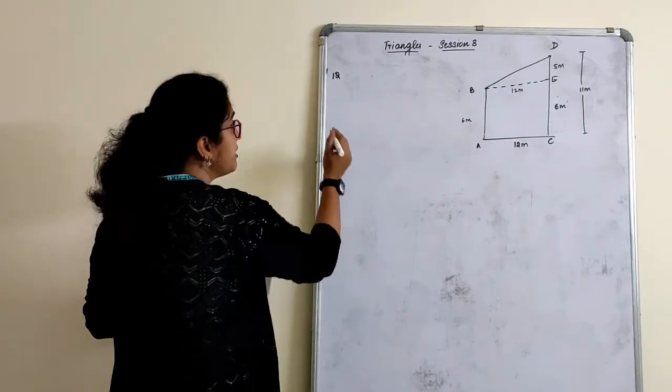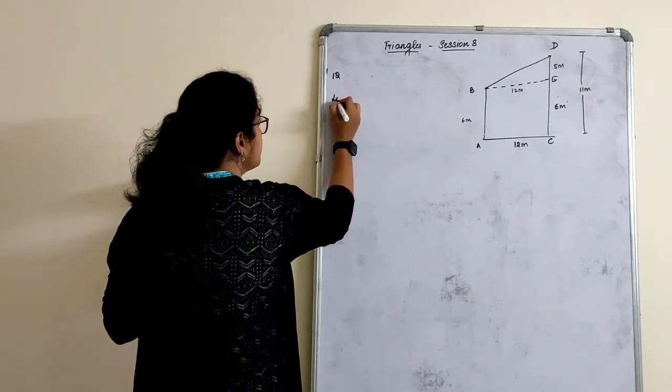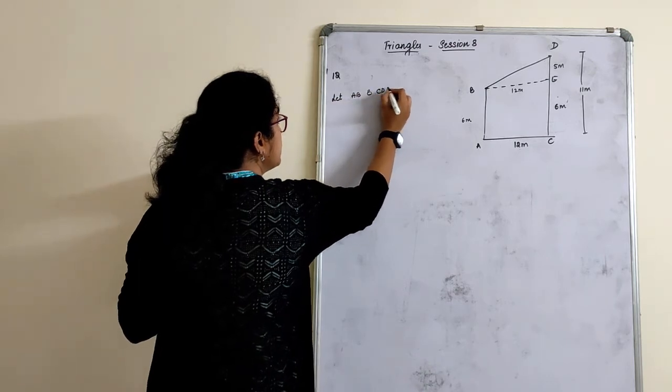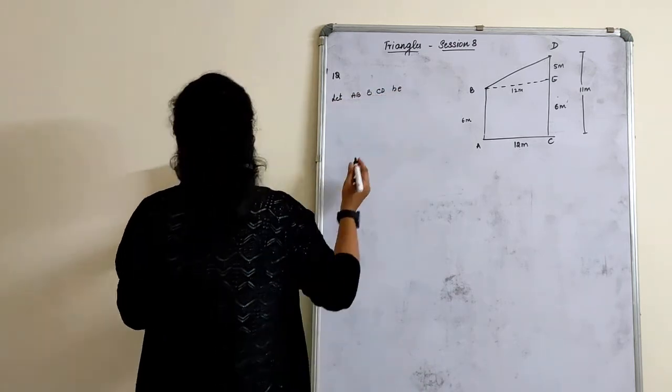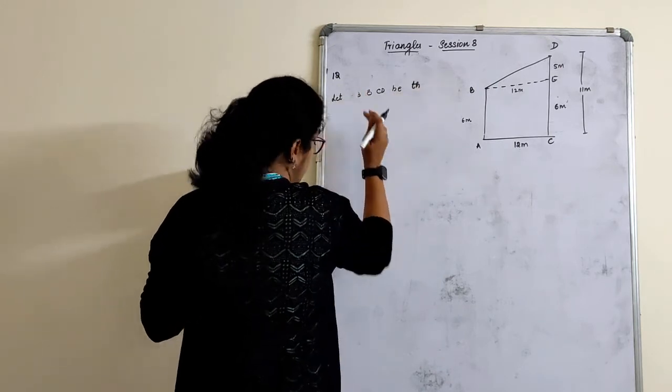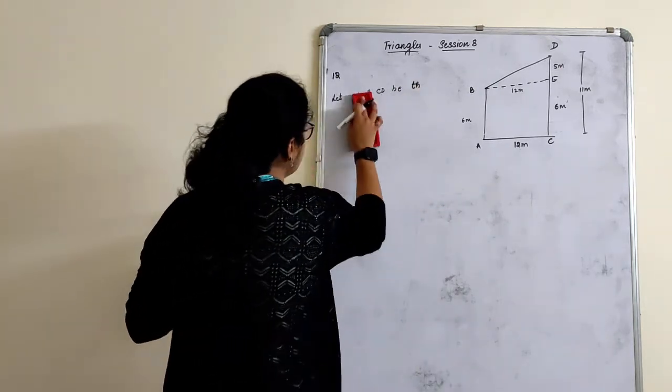So first of all we need to write, let AB and CD be the height, or we will first write here the measurement has to be written.